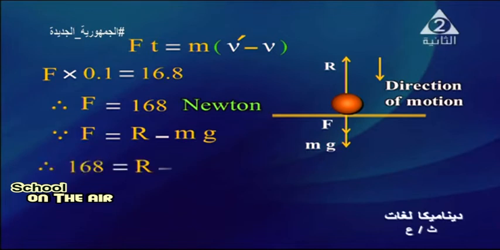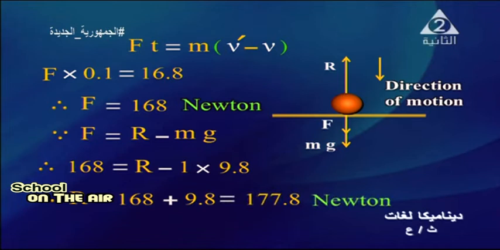Then 168 Newton equals R minus m, which equals 1 kilogram, times g, which equals 9.8 meters per second squared. Then the reaction R equals 168 plus 9.8, which equals 177.8 Newton.